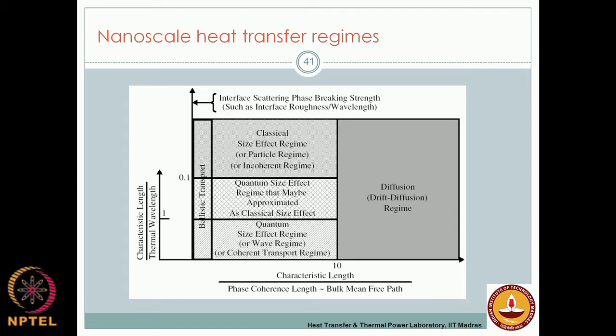On the x axis you have the inverse of your Knudsen number. We define the Knudsen number as the ratio of the mean free path to the length scale, and what is plotted here is the inverse of this, and therefore the right end of the x axis will be the continuum.